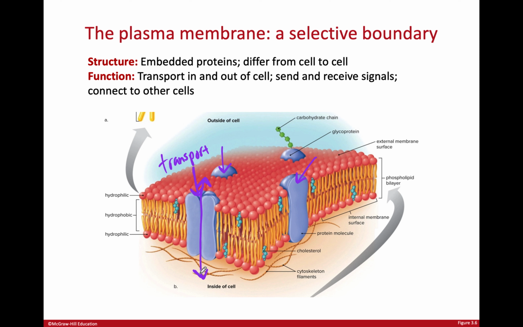Now, if another cell didn't have that same protein, it wouldn't be able to do that. Maybe this is some sort of signaling molecule that can receive a signal in from the environment and transfer the information to the inside. Other cells that don't have that signaling molecule couldn't do that. So the proteins help the cells be specific.